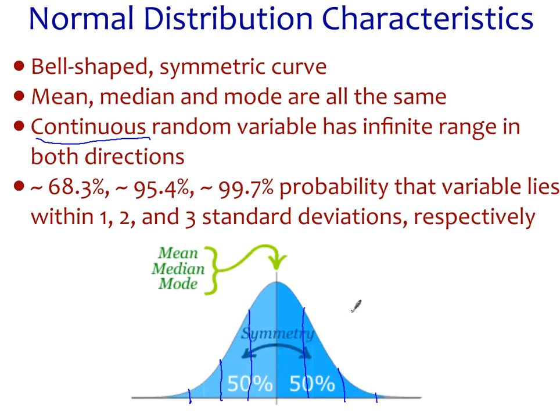These are rough values, but a lot of times you'll hear 68% within 1, 95% within 2, and you get a 99.7% probability that a normally distributed variable lies within 3 standard deviations of the mean.